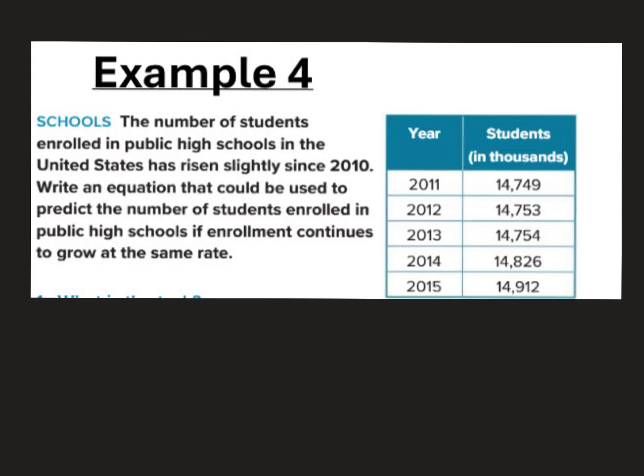For example 4, I have a table that tells me the number of students enrolled in public high schools in the United States since 2010, and it's showing that it's rising. The student population has been rising since 2010, and it says we're going to write an equation that could be used to predict the number of students enrolled in public high schools, if enrollment continues to grow at that same rate.